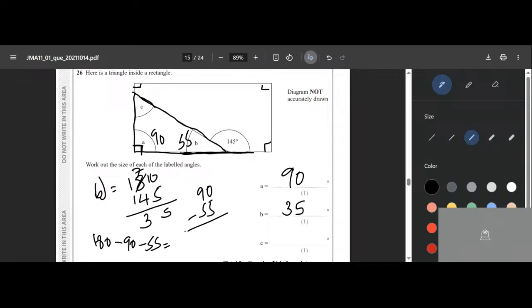We'll still get the same answer for that point C. So point C, we will have the answer as 55 degrees.